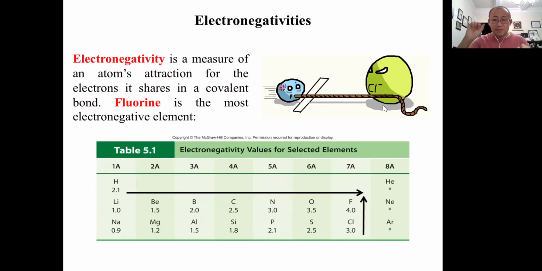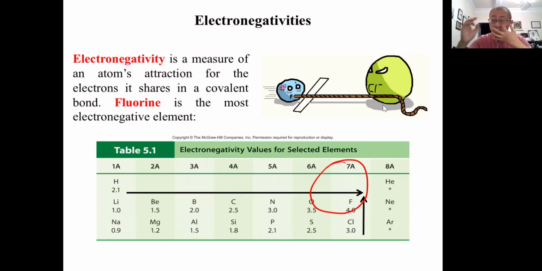So that means the elements with the strongest electronegativity will always be around the top right corner of the periodic table. Again, you don't consider noble gases, because noble gases have an octet, they have 8 electrons, and they don't attract electrons in a covalent bond.